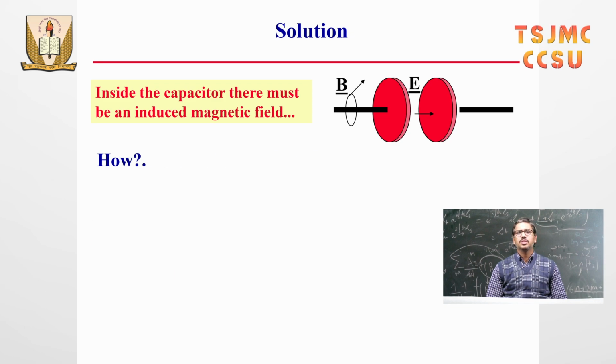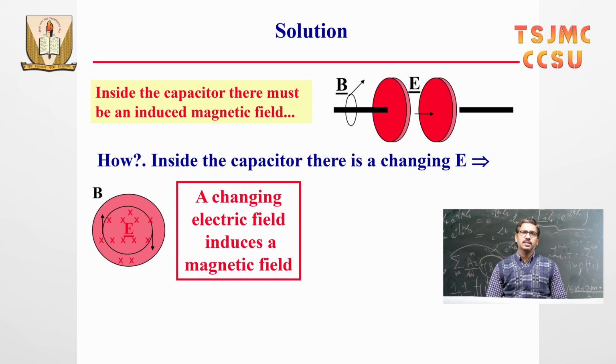Maxwell gave a solution. He said that inside the capacitor there is no current, but there is a change in electric field, because one plate of the capacitor has positive charge and the other plate has negative charge. So there is an electric field between these two charges, and this electric field is continuously changing. The continuously changing electric field produces a magnetic field.